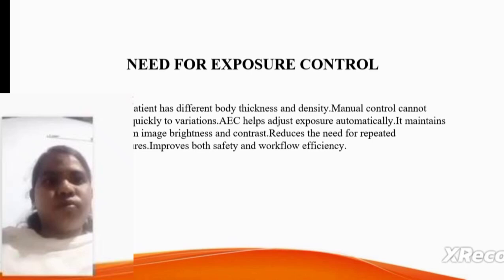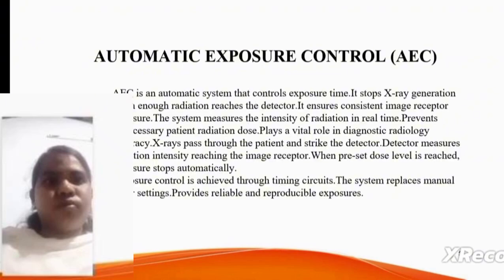Each patient has a different body thickness and density. Manual control cannot adapt quickly to variations. Automatic exposure control adjusts exposure automatically. It maintains uniform image brightness and contrast, reduces the need for repeated exposures, and improves both safety and workplace efficiency.